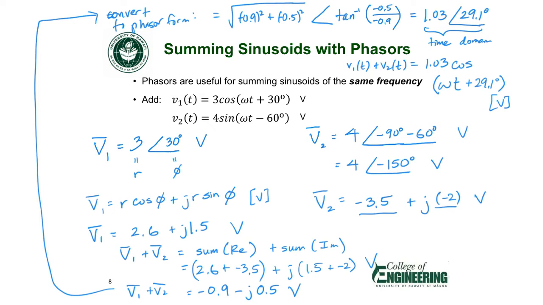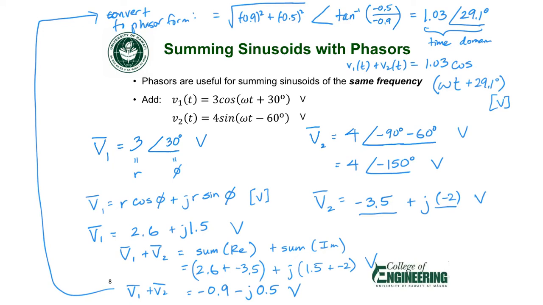But if we then take the phasor representation, go to the complex number form, then we can add these signals up. And once we add them up, we can convert back to the phasor form. That's what we did here. And then from there, it's easy to go back to the time domain form.